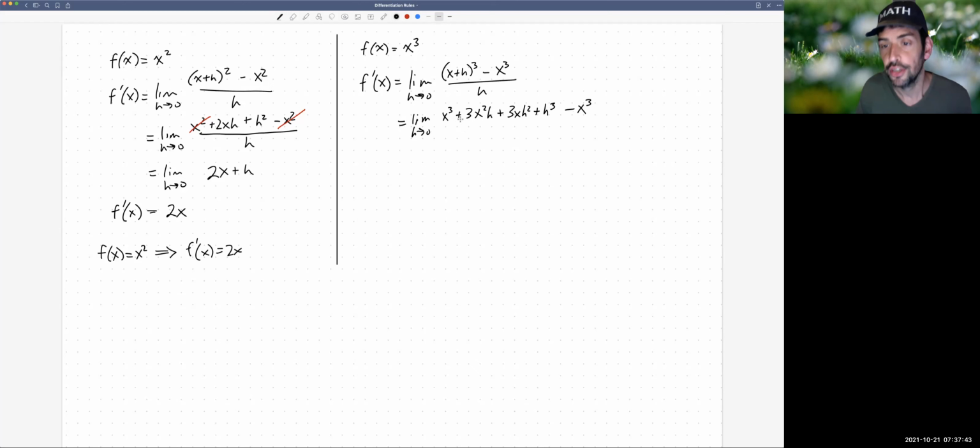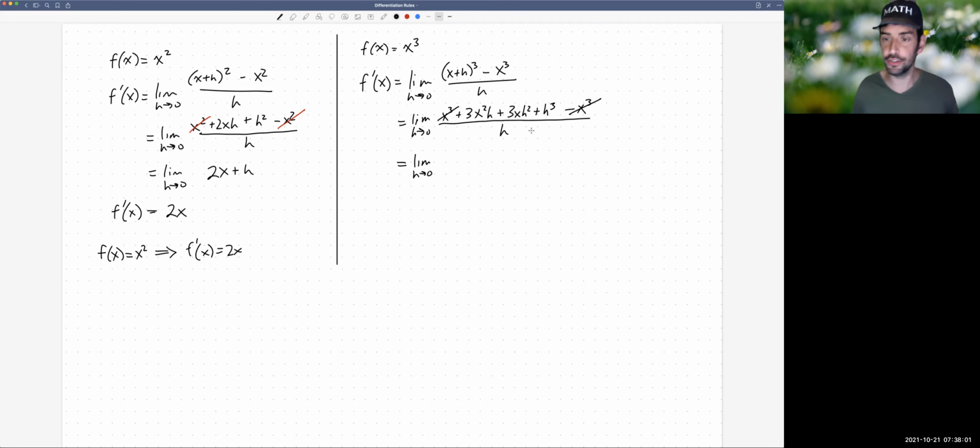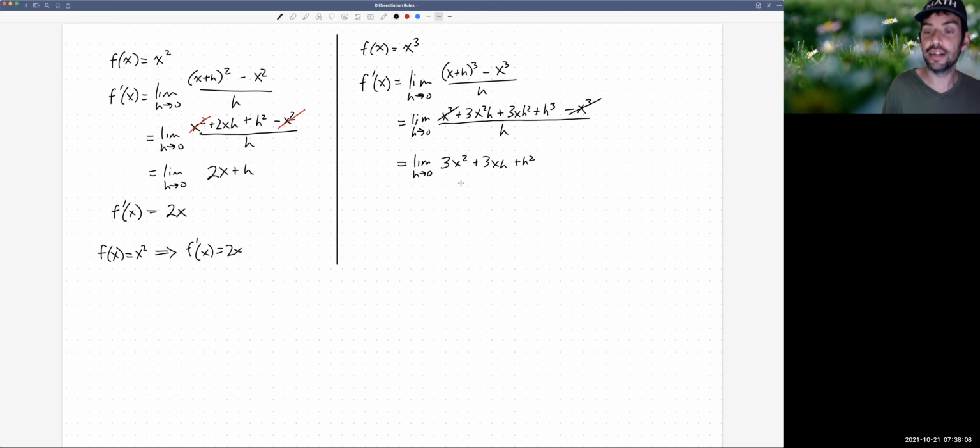So those first 4 terms are from that cubed quantity, and then the minus x cubed is there. So we lose these again. And again, we can factor out a factor of h in the numerator and cancel it with the one in the denominator. So each term here is going to lose a factor of h. So we'll end up with 3x squared plus 3xh plus h squared. All the h terms go to 0, and we're left with 3x squared. All right. So this is our f prime of x.